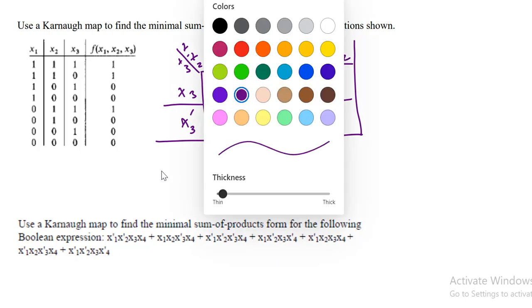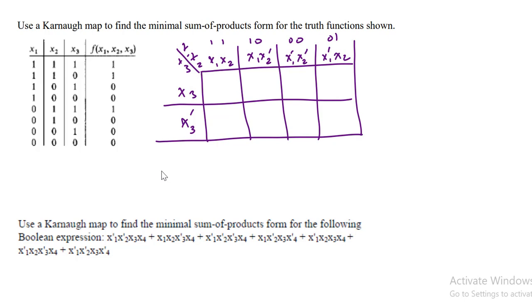Then we think of the ones. We have to fill in this table. This one here is represented by x1, x2, x3, which is right here. And the next one here is represented by x1, x2, but x3 not, which is right here. And this third one here is represented by x1 not, x2.